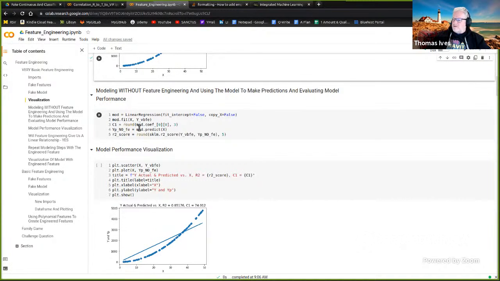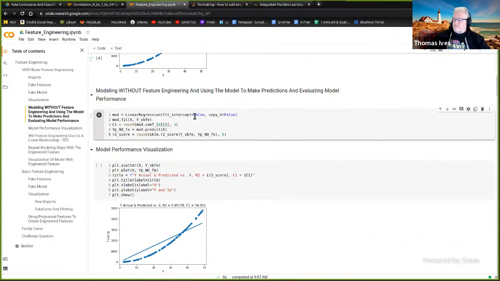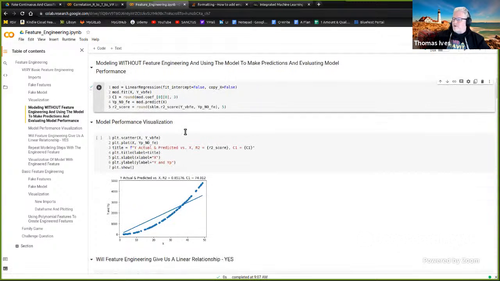We are going to then look at our one coefficient that we get and round it by 3. And then we're going to say that this is Y predicted no feature engineering. So we put in the values of X again, and we'll go ahead and do an R² score. So we run that, and we'll look at the output down here.